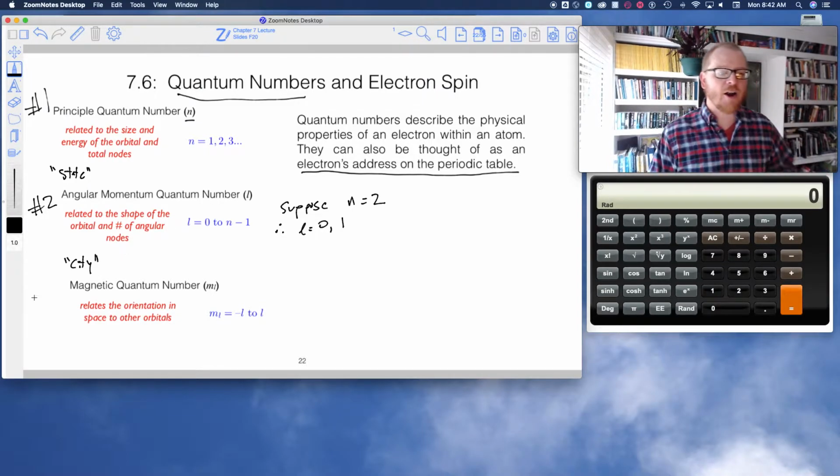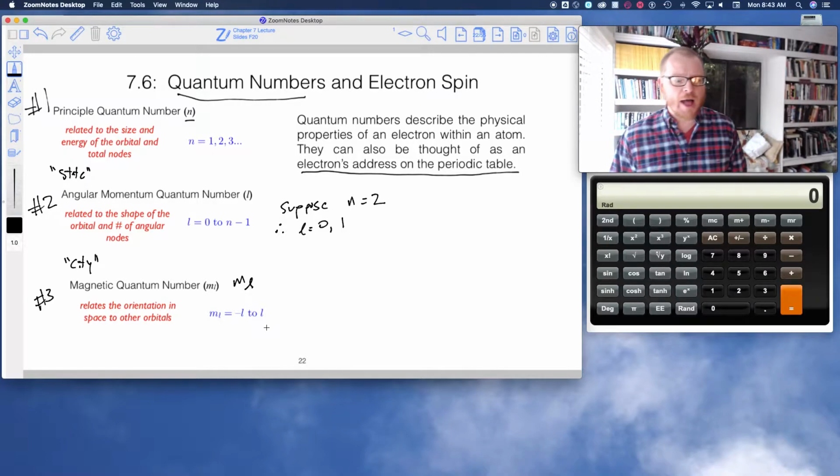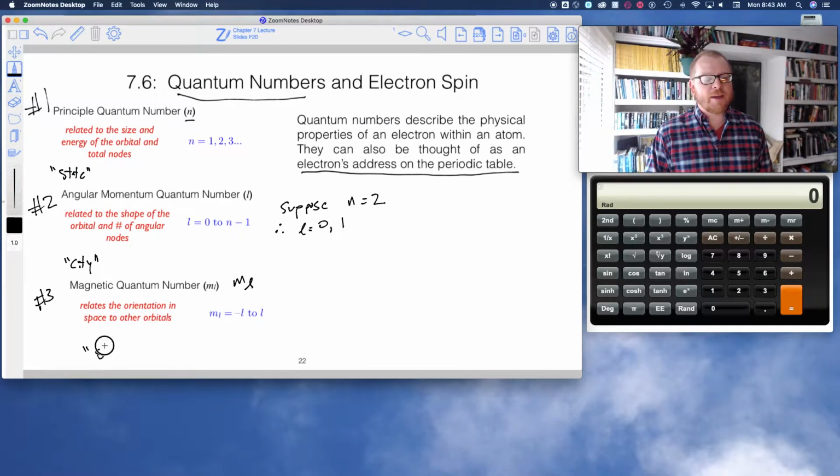Okay, now the next hierarchy, number 3, the magnetic quantum number. That's an M subscript L, M sub L. You could think of this as the street that you live on, okay? And that is based off of quantum number L. So you can see ML can be any value from negative L to L, including 0.